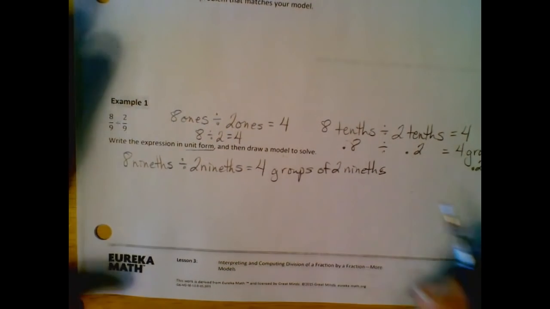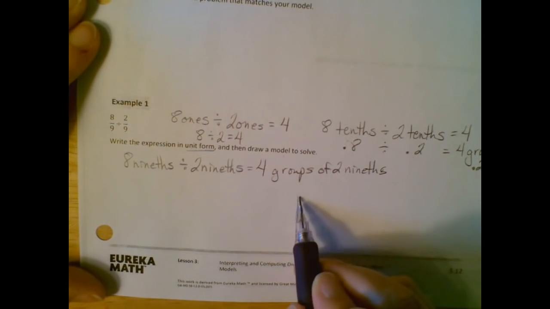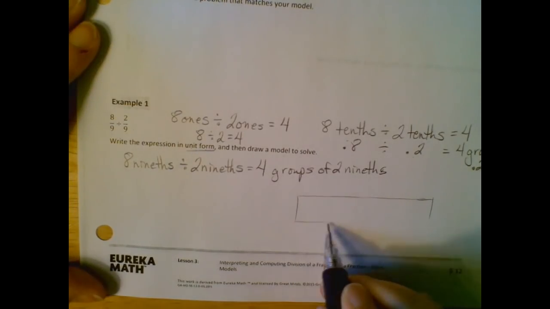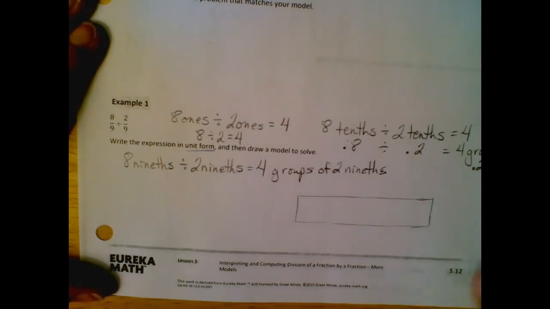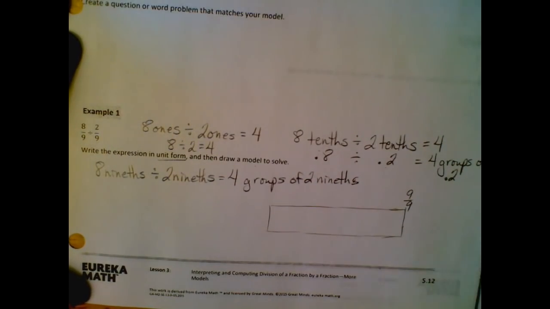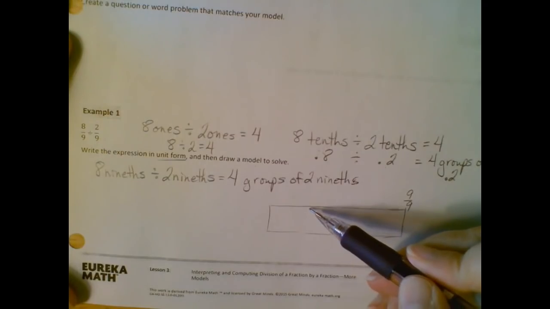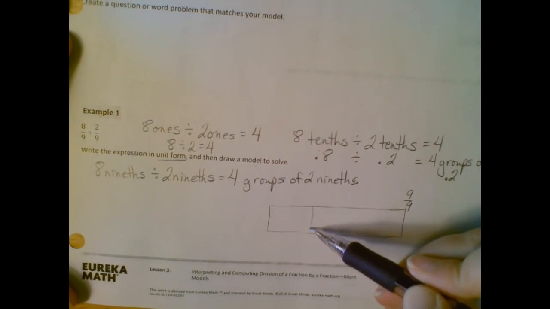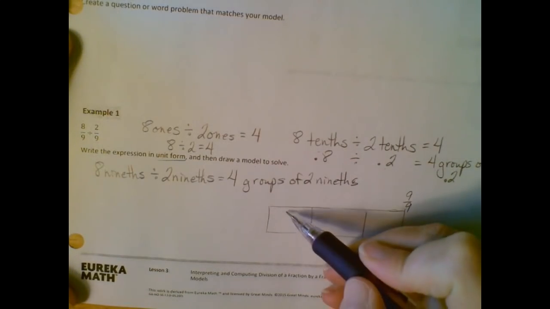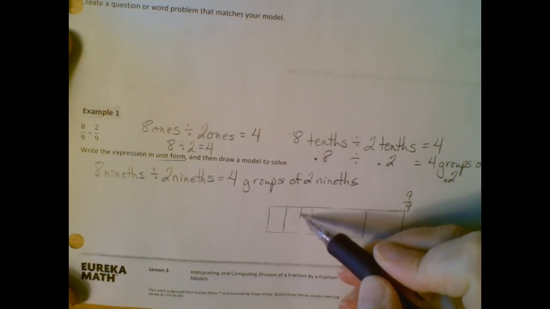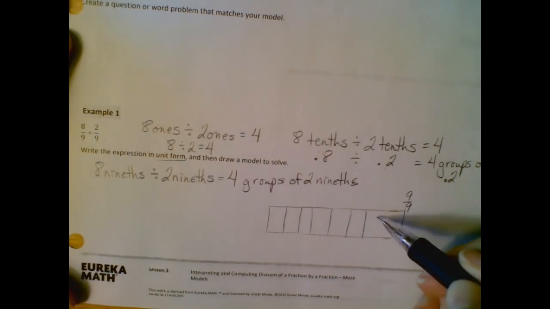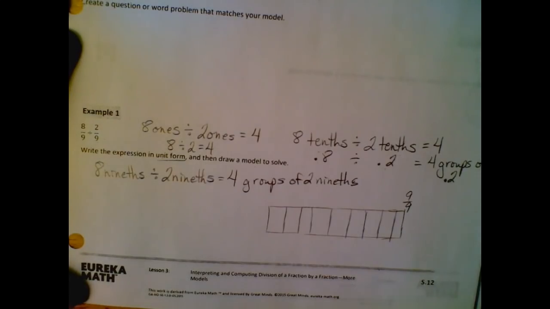So I'm going to draw a tape diagram with 9ths. So therefore, if I make this 9/9, that's my whole, and 9ths all goes from thirds. So I'm going to work on thirds first, and then put in thirds right there. So there's 3, another group of 3, and another group of 3.